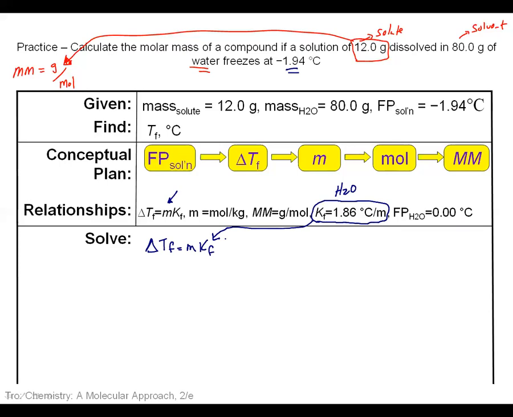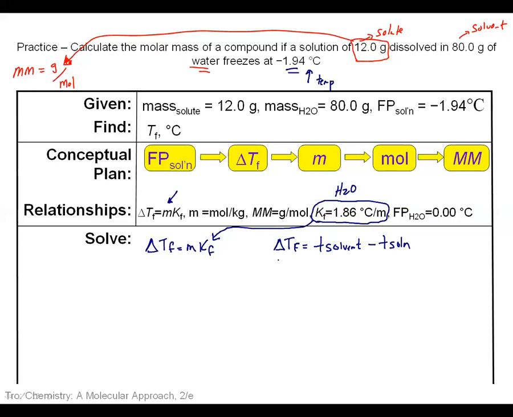Now, this is also where what we saw earlier is important: the change in freezing point temperature is the temperature of the solvent minus the temperature of the solution. Why that's important is that the number they gave us is the temperature of the solution, and it happens to be negative.